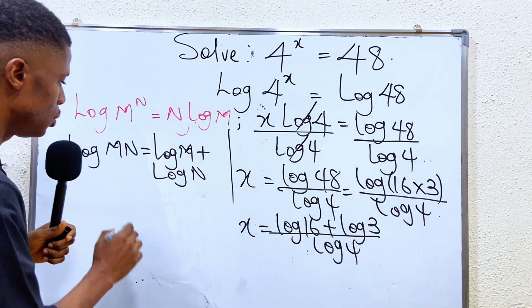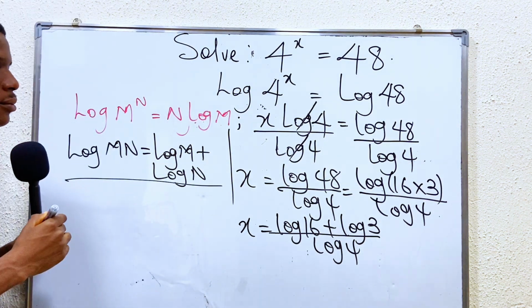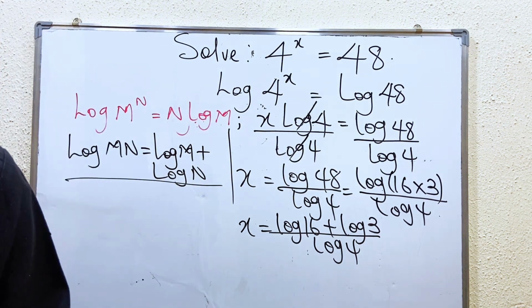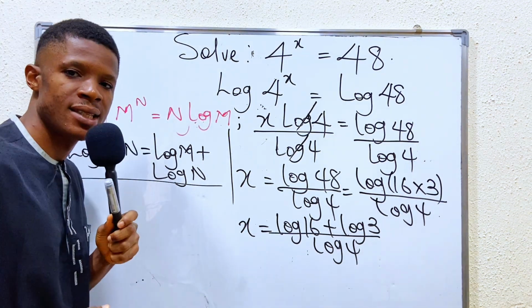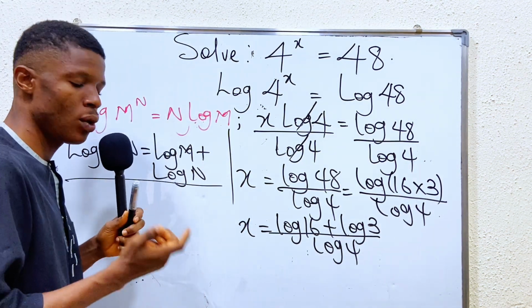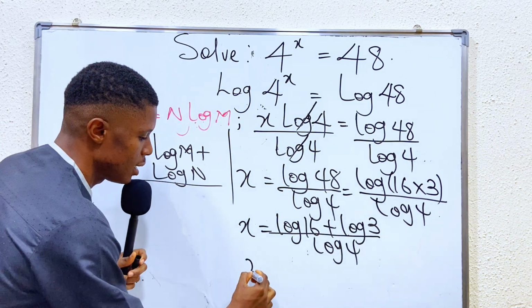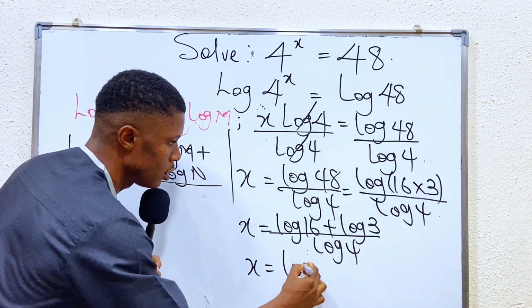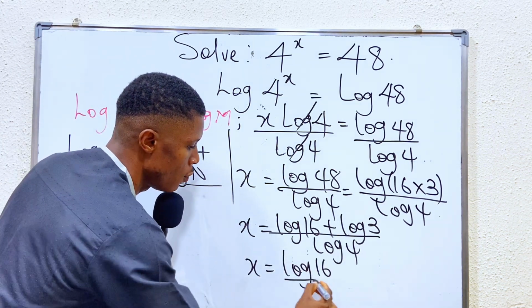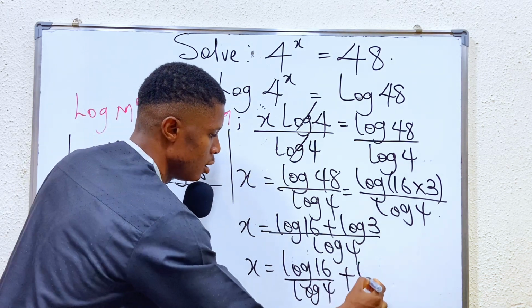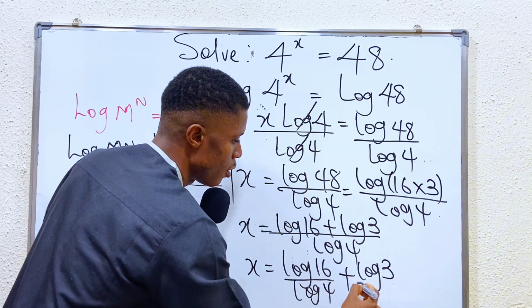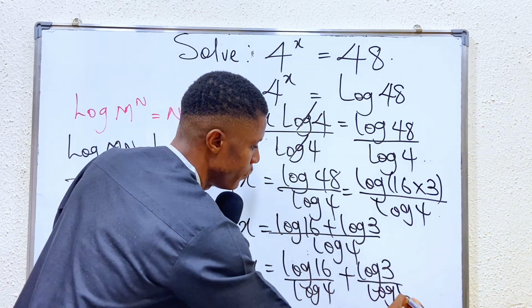So the next thing you do is to look again. One more: we can simply split the fraction. You can say that x is equal to log 16 over log 4 plus log 3 over log 4.